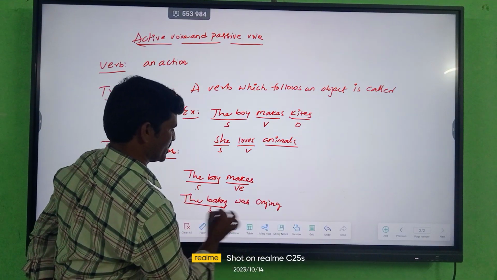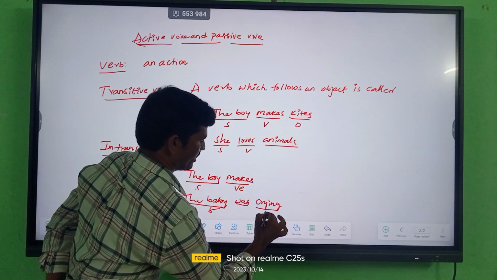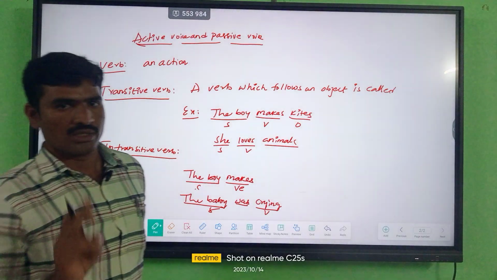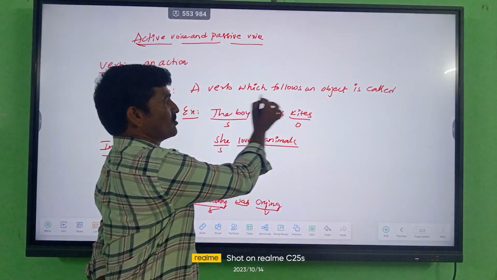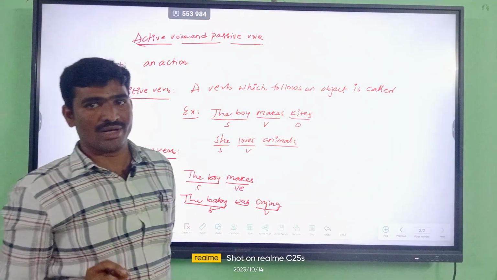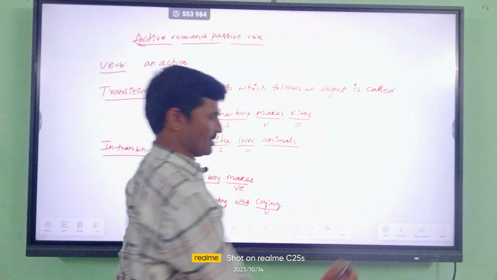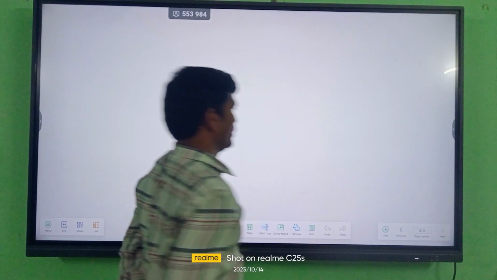The baby is the subject, was is the be form, and crying is the verb. These two are examples of intransitive verbs. Transitive verbs can be changed into passive voice. Intransitive verbs cannot be changed into passive voice.